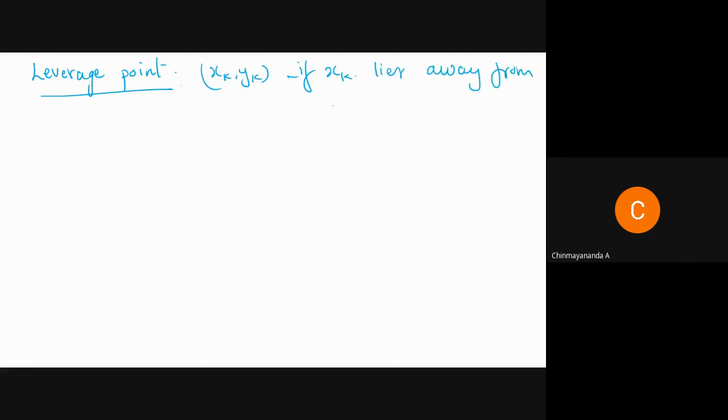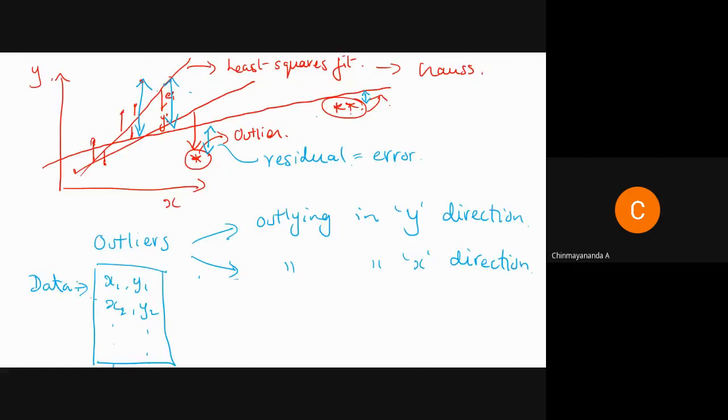Now let us look into what is known as a leverage point. You call a point x_k comma y_k a leverage point if x_k lies away from the bulk of the data. For example, let's say we extended this line.